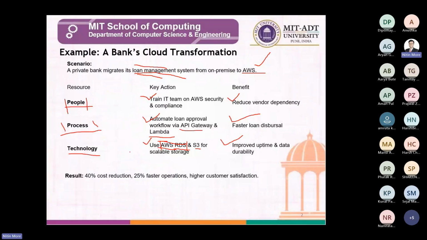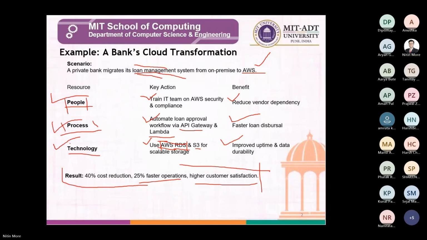So overall, this will result in 40% cost reduction, 25% faster operations, and higher customer satisfaction, which is the most important. So focus on these main three resources: people, process, and technology, and you will end up with your particular business objective or goal.